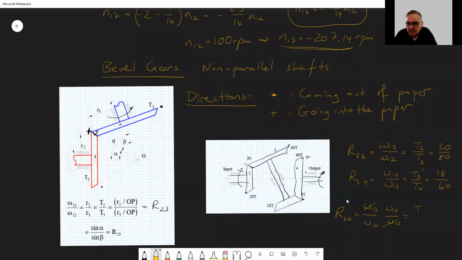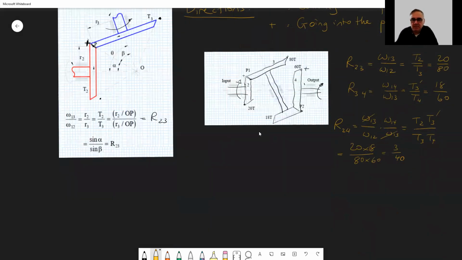Okay, you get T2, T3 prime, T3, T4, which is so we see that, for example, or let's say we are using omega.